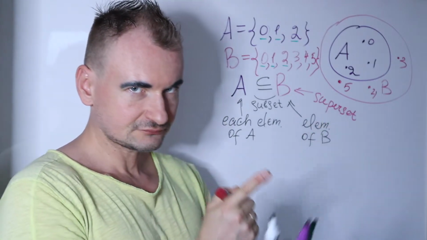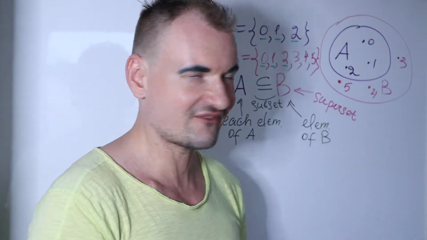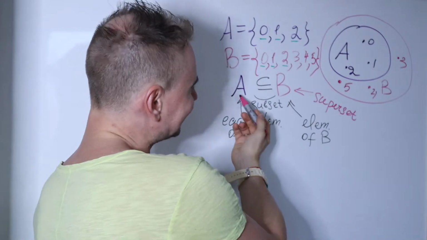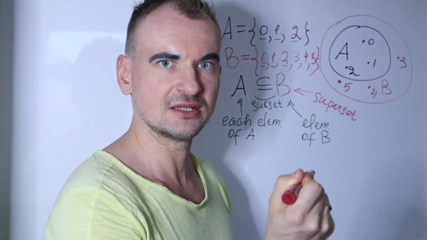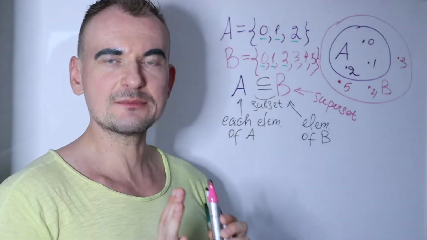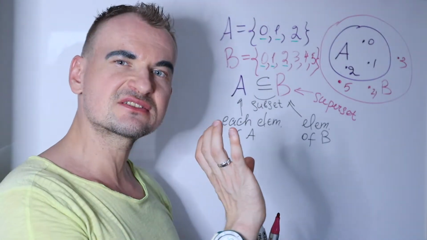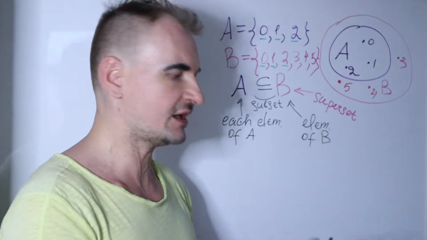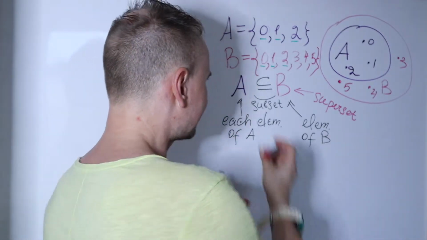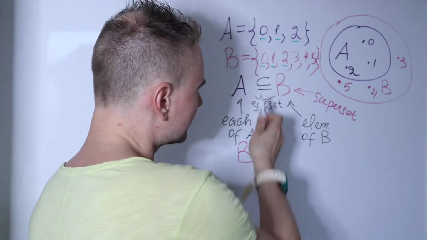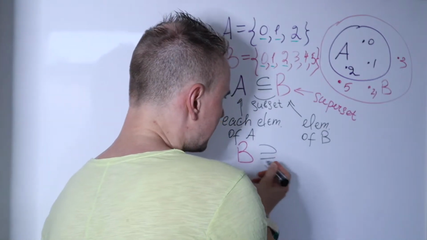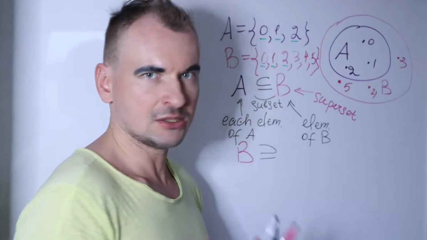In the same vein, you would say that set A is included in B. The same notation can be written in the reverse order. Sometimes it's written this way: B, and all you need to do is reverse this symbol of inclusion.